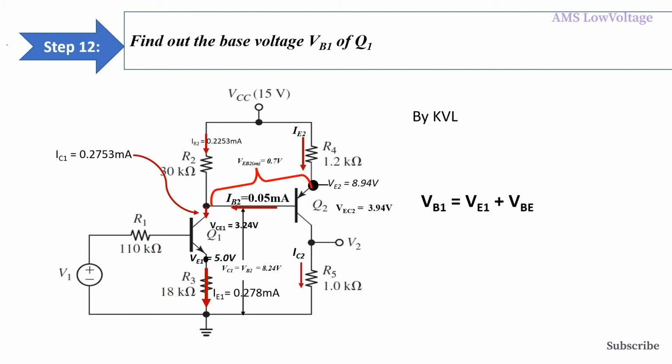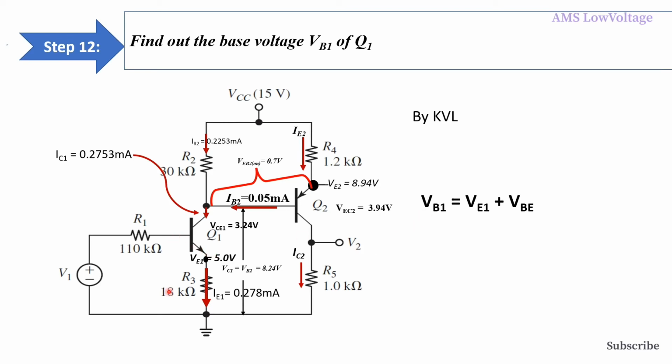Step 12. Find out the base voltage V1 of this transistor. So this is the equation: V1 equal to VE1 plus the VBE voltage inside this transistor, which is 0.7 volt.